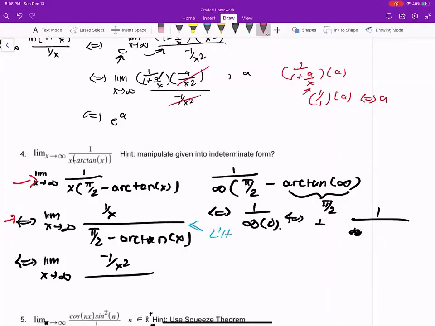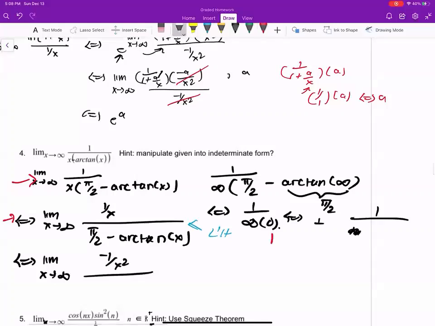Because infinity times 0 is indeterminate. So this form itself is indeterminate.